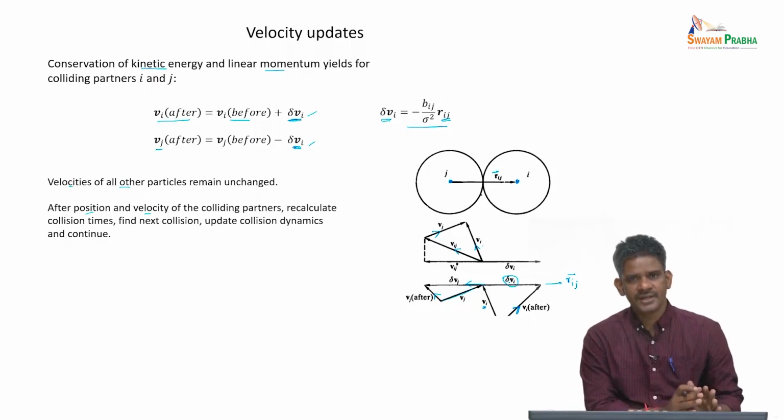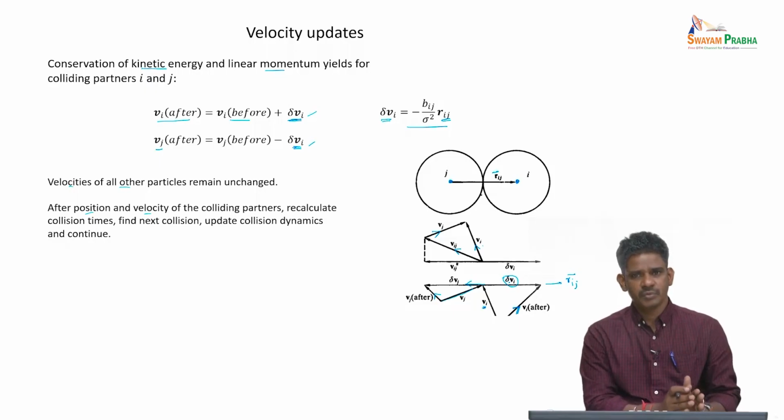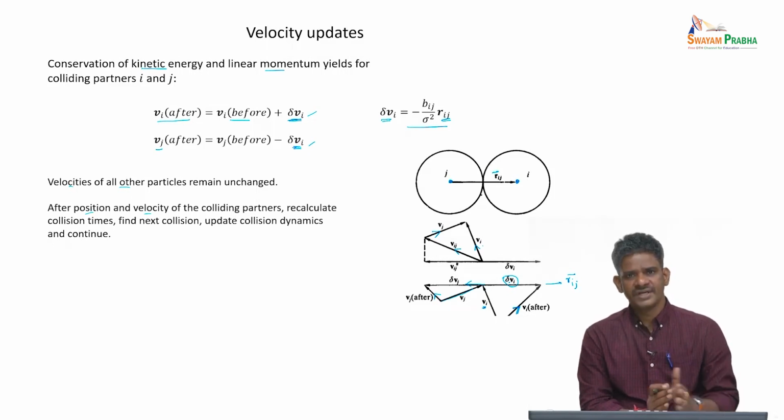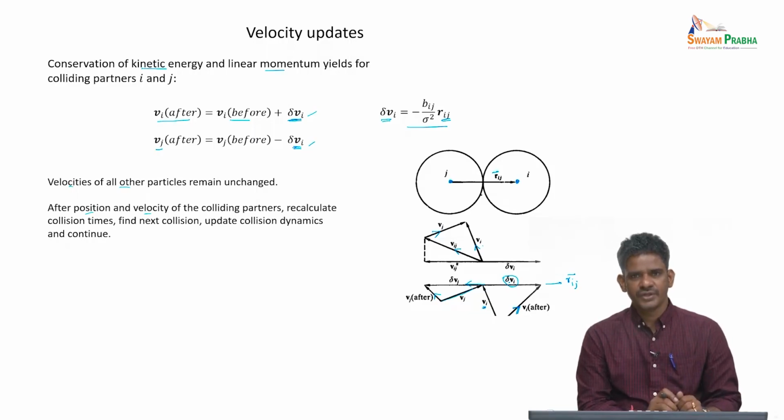In a soft sphere model, we take very small time steps, and in each time step you calculate forces, then update velocities and positions, and move in time slowly step by step. Whereas in the hard sphere model, we look at collision events, executing one collision event after the other.